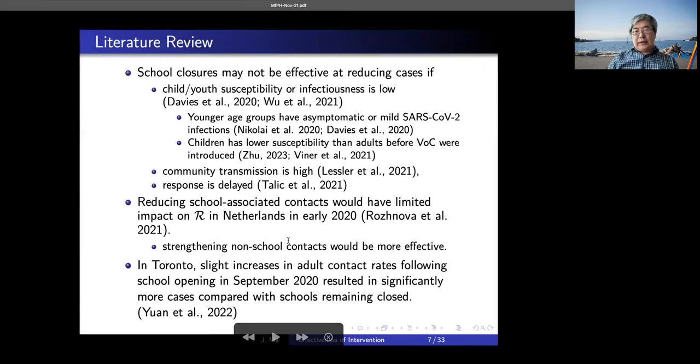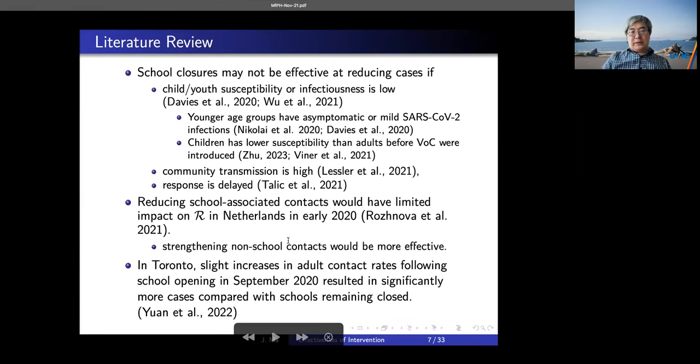From some literature review, it has been shown that school closures may not be effective at reducing cases if, for example, the kids' or youth susceptibility or infection is actually lower than the adults', then preventing kid infection is not as effective as preventing adult infection.